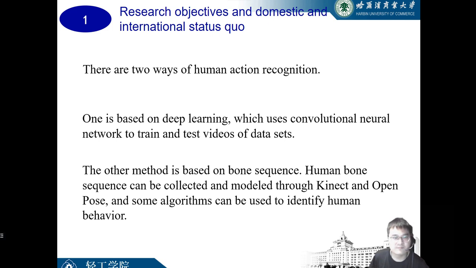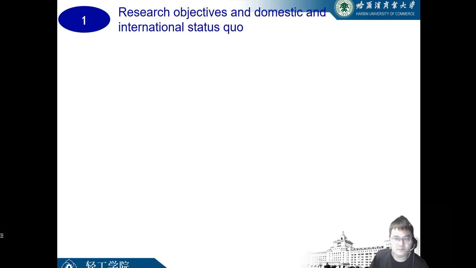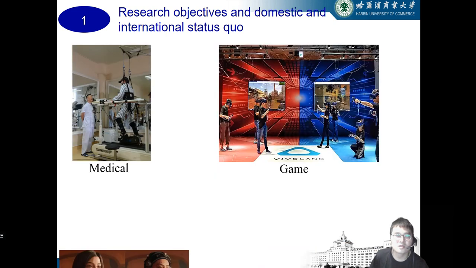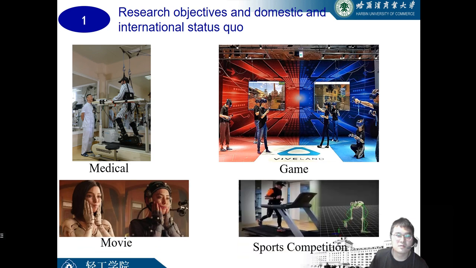The sum algorithm can be used to identify human behavior. The use of human body identification technology, just like a media, game, movie, and sports competition.